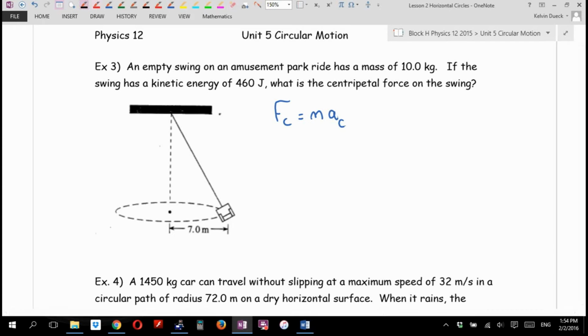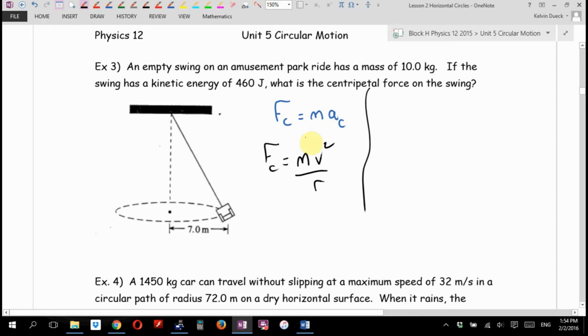And you all can now write this down. We're going to use Fc equals mv squared over r, where m is 10. What else did they tell me? They gave me the KE, which is a half mv squared.